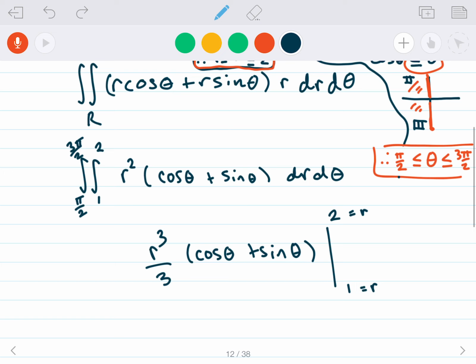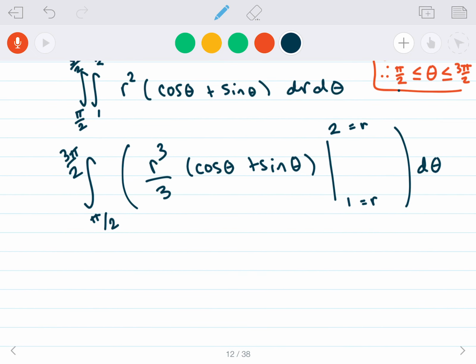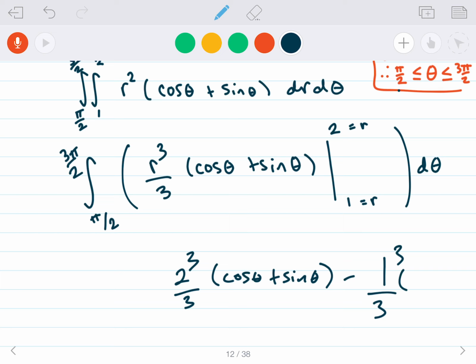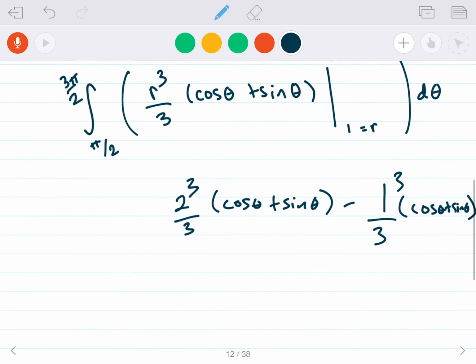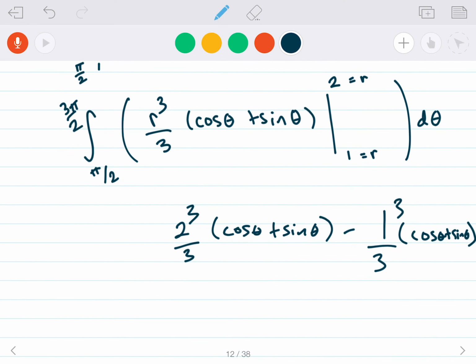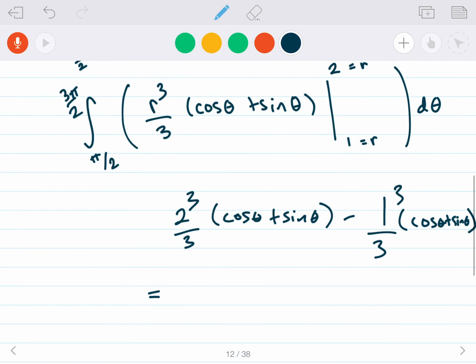Maybe I'll just carry everything else down here, this is all d theta. Let's plug in 2 for r. We have 2 cubed over 3 times cosine plus sine, minus 1 cubed over 3 times cosine plus sine. So this is 8/3 minus 1/3, that's 7/3 times cosine theta plus sine theta.